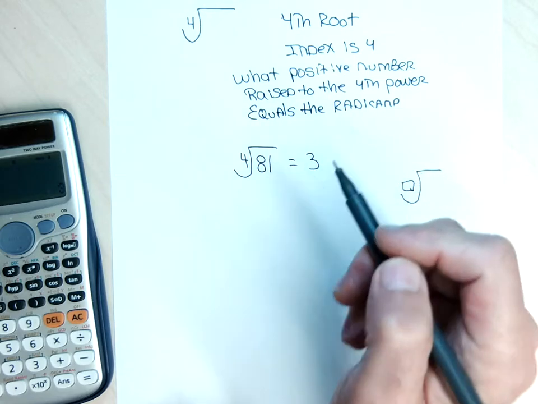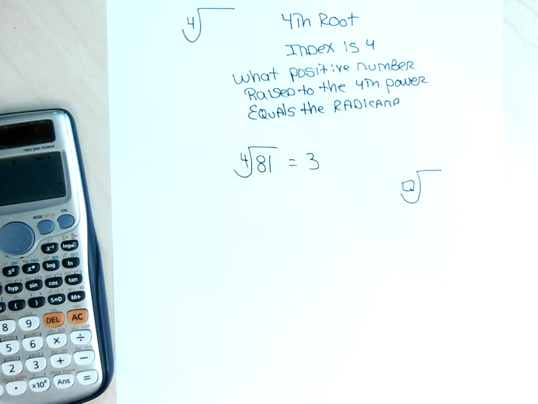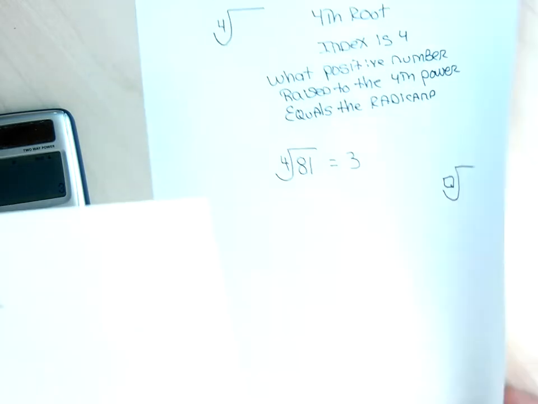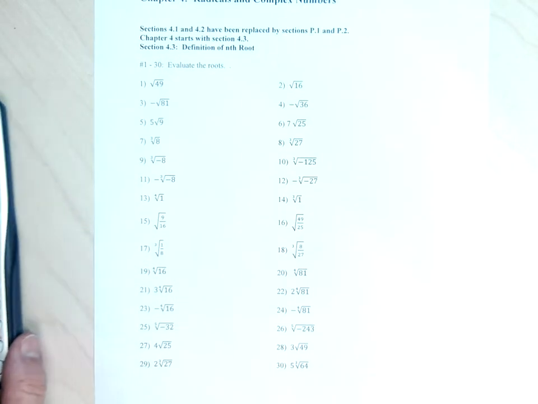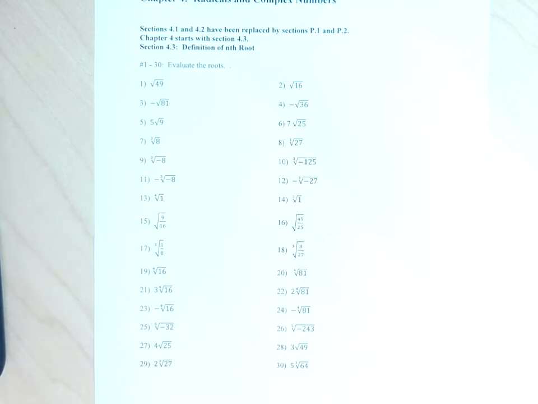So that should be enough for us to jump into the section. This is going to be a calculator heavy section unless you just know the radicals in your head. So you should get the calculator that you're going to use. And I'm going to try to get done with problems 1 through 29 odds on this portion of the video. And then we'll go to a second portion and then a third portion of the video.